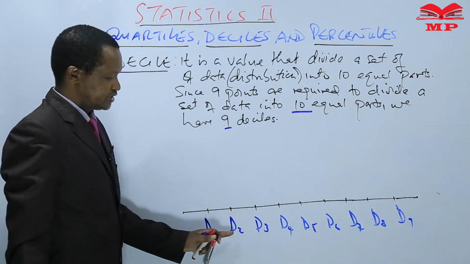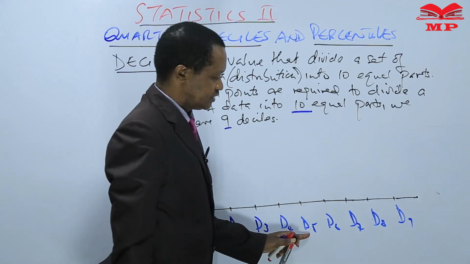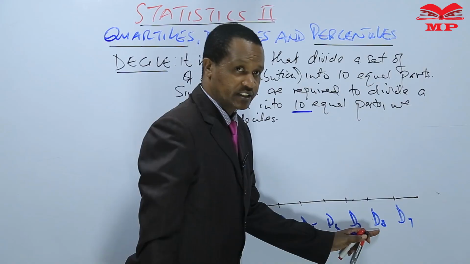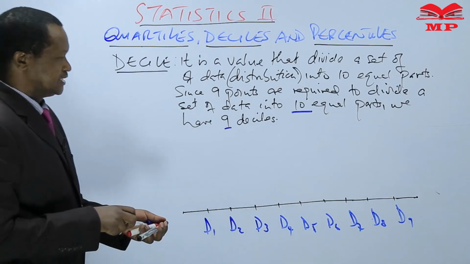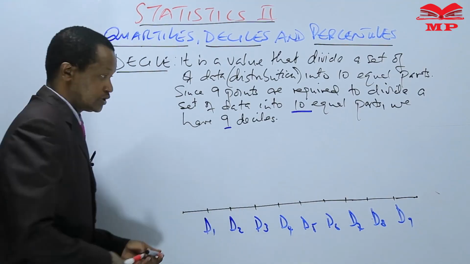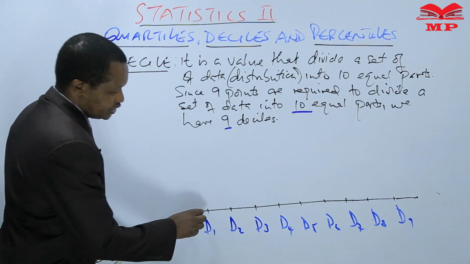First decile, second decile, up to the ninth decile. So there are how many deciles? 9 deciles.